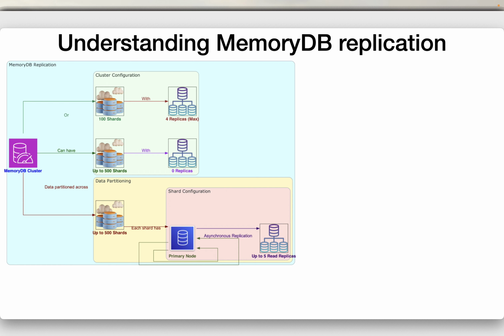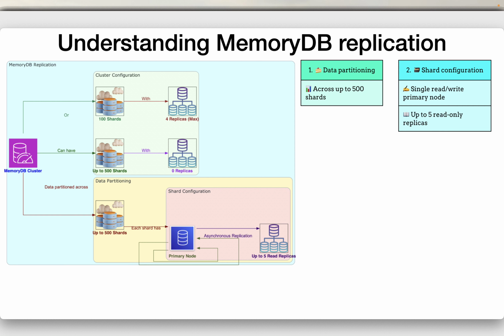Next is MemoryDB replication. MemoryDB implements replication with data partitioned across up to 500 shards. Each shard in a cluster has a single read/write primary node and up to 5 read-only replica nodes. Each primary node can sustain up to 100 megabytes per second throughput.